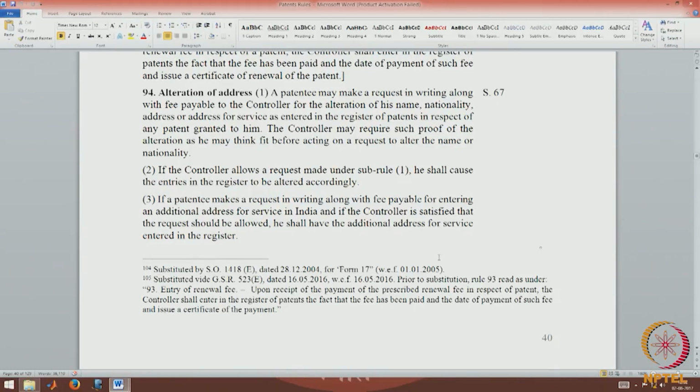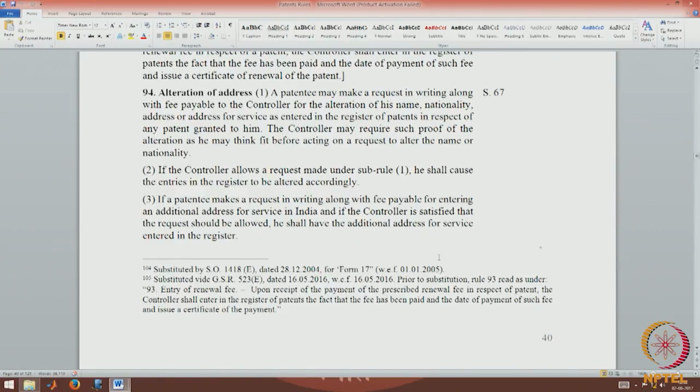There are cases where foreign entities file quite a lot of patents in India, and normally they would give the address of service as the address of their patent agents. Now, this provision, Rule 94.3, allows the patentee to have an additional address of service.